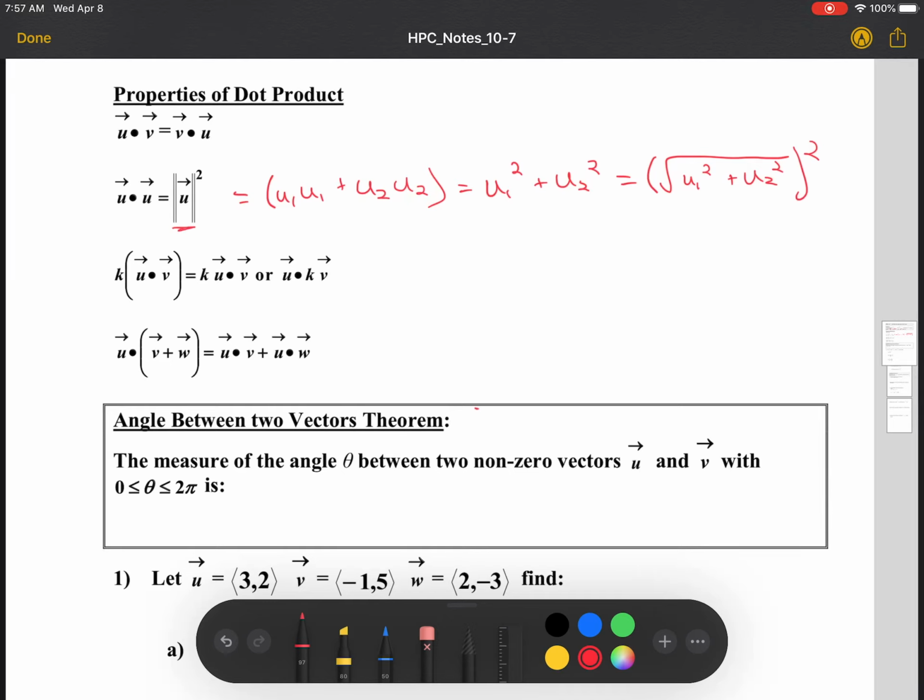That's an interesting way of looking at our norm of u, because what's inside the parentheses is our norm of u and then squaring it. So u dot u is the same thing as squaring your norm, or, remember, r.